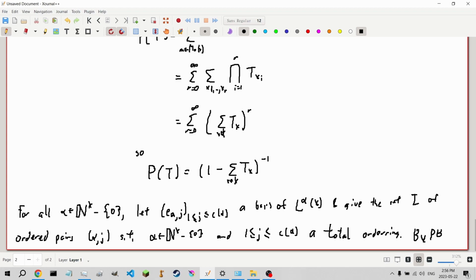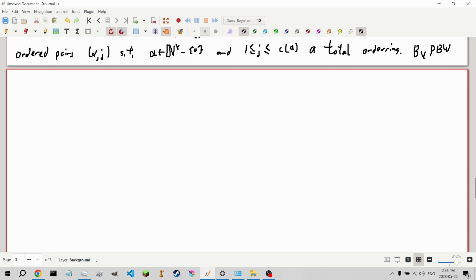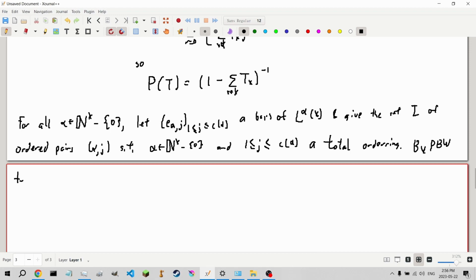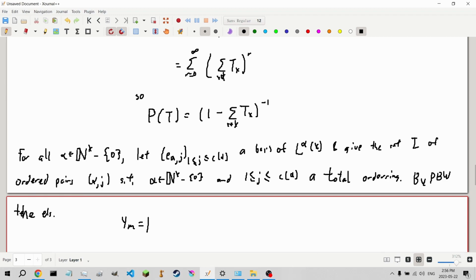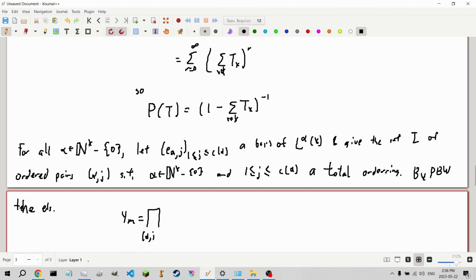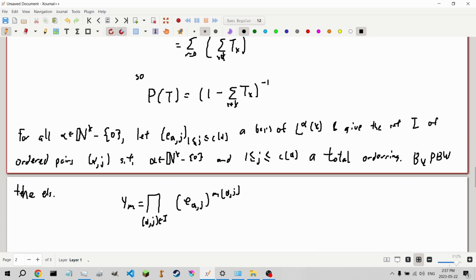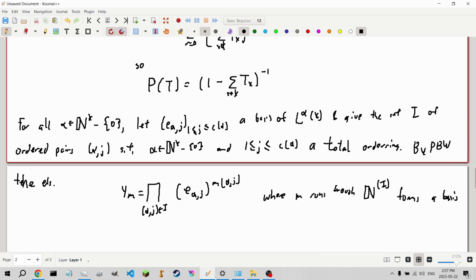By Poincaré-Birkhoff-Witt, the elements of the form y_m, being the product along (α, j) in I of e_{α,j} to the m_{α,j}, where the index m runs through the naturals indexed by I, form a basis of the free algebra of X.